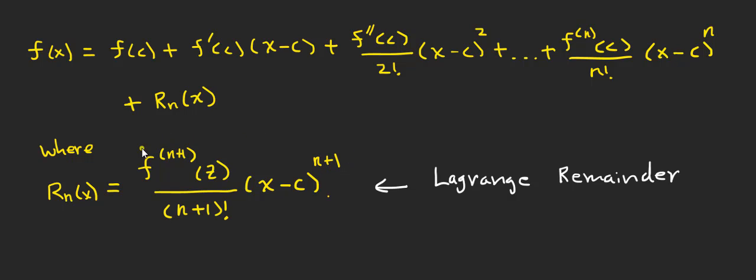So this looks like the term that follows after this. And this r sub n of x, we call it the Lagrange remainder.